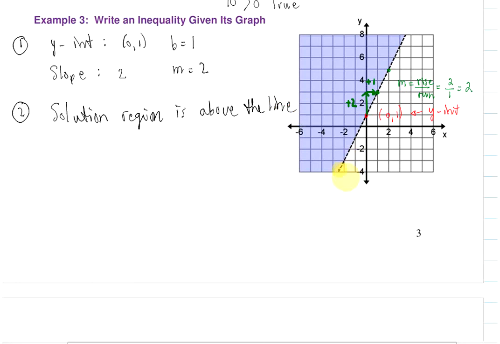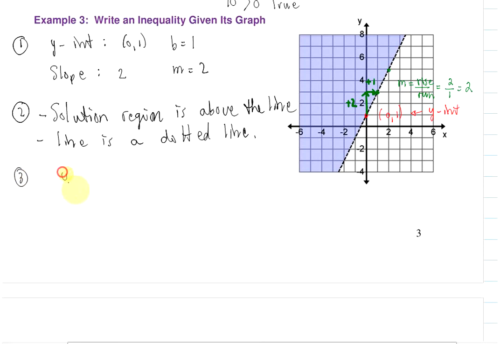And the other thing that I notice is that my line is a dotted line.